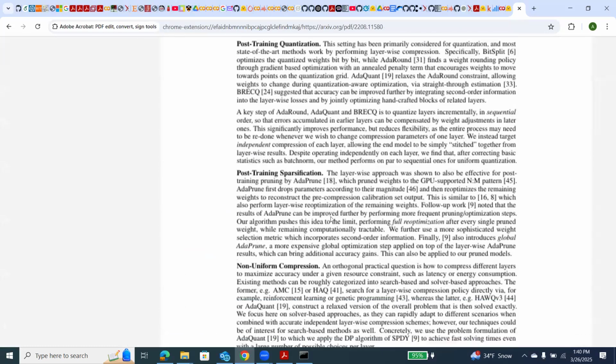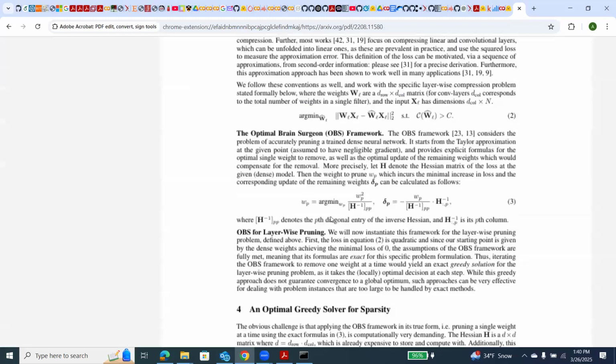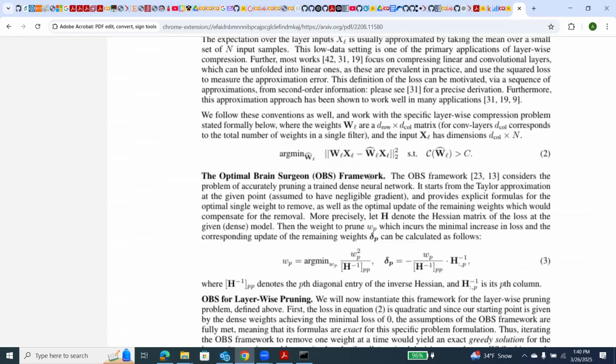So in the case of quantization, instead of removing weights, you can think about quantizing one column of your matrix of weights and updating other weights to make the loss function closer to the original one.